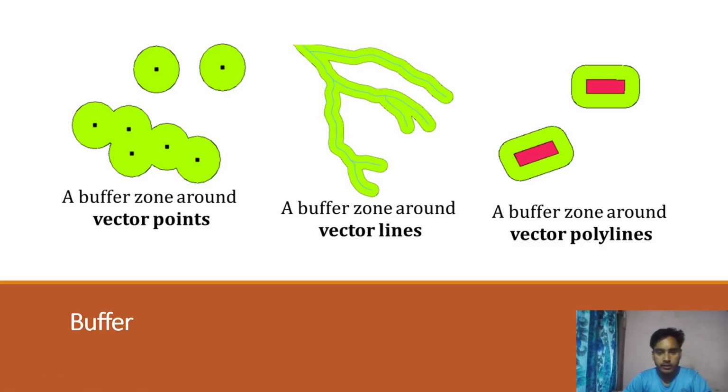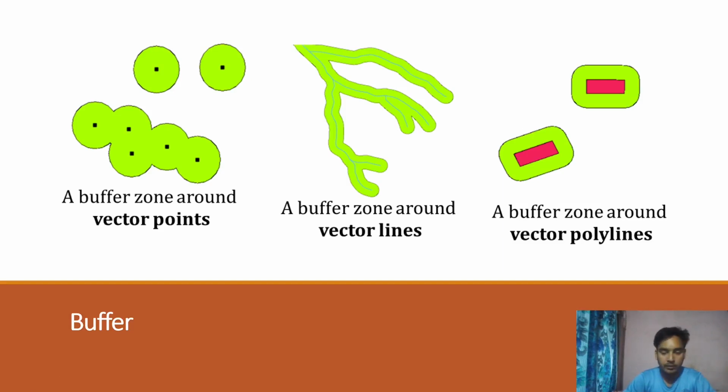If you are constructing the building and want to plan the boundary of the building, you can simply import the building polygon in the QGIS, and then you can buffer and give the buffer radius.